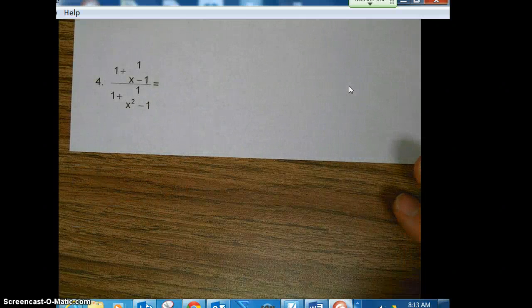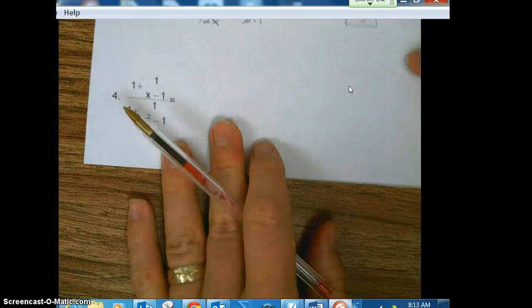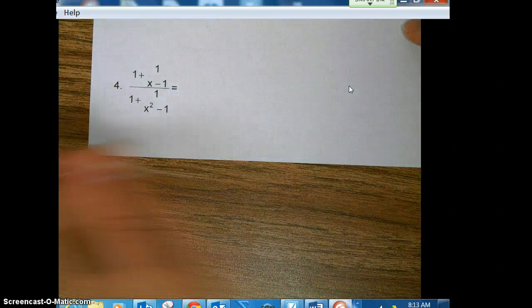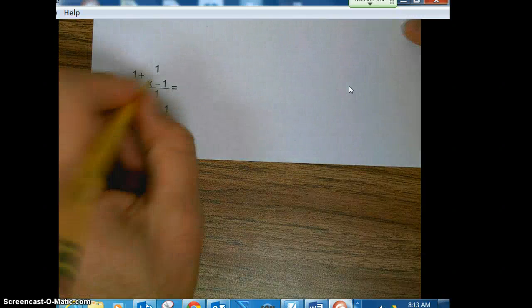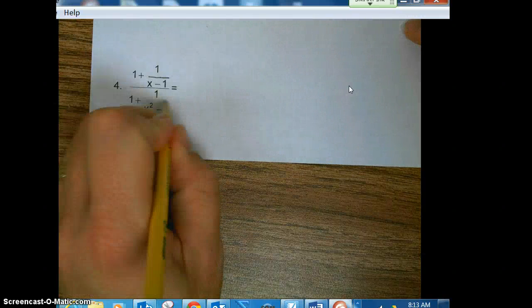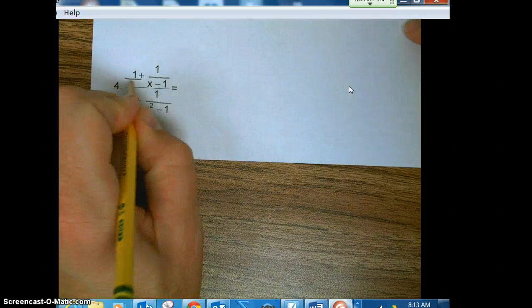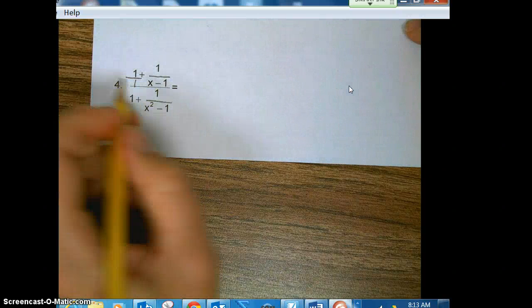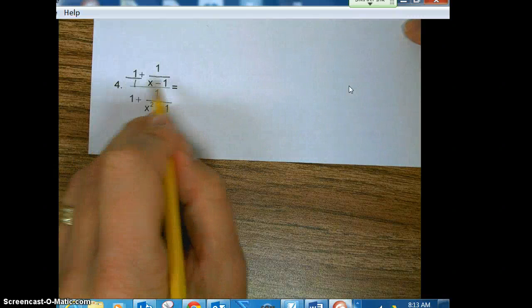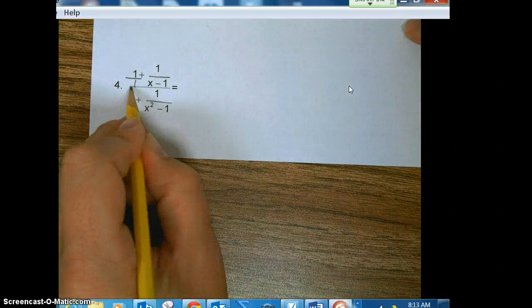Okay, let's take a look at number four. Last one. Got to move a little bit quicker here. So let's put this line in here. Common denominator here. This is going to be 1 over 1. Okay, well, this has an x minus 1, but this one does not.